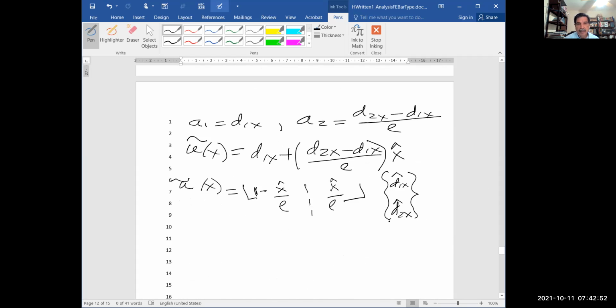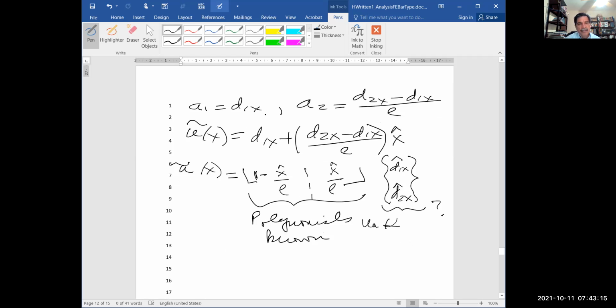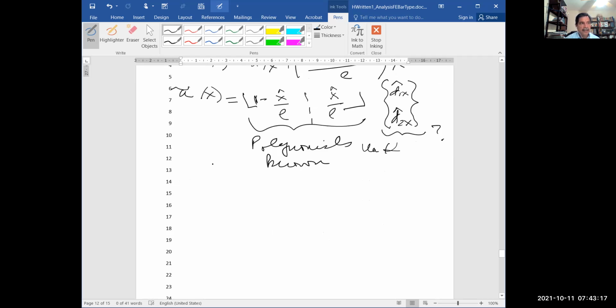So this is something that we mentioned in the previous session. This is known. This is unknown. We do not know these two values. And these are polynomials, known. See, 1 minus x over L, x over L. So it's completely known. In some cases, it's useful to draw these polynomials.